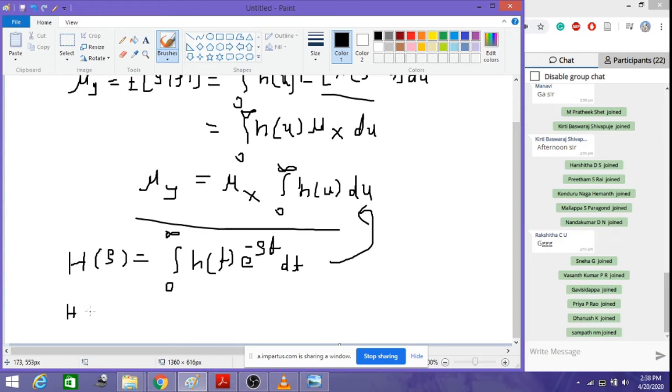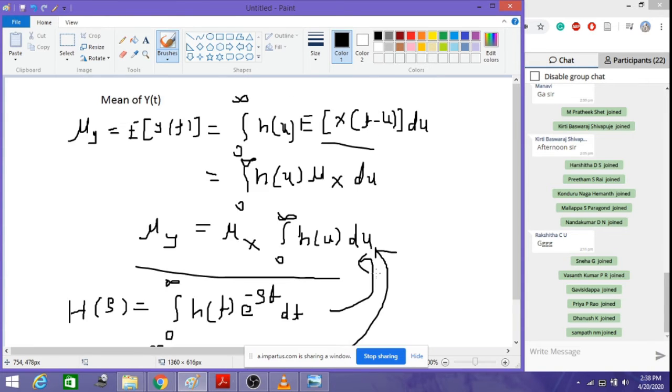If I substitute s equal to 0 in this case, then H of 0 is the integral from 0 to infinity of h of t, and e power 0 is 1, so it is just dt. Now this equation can be applied to the previous equation.